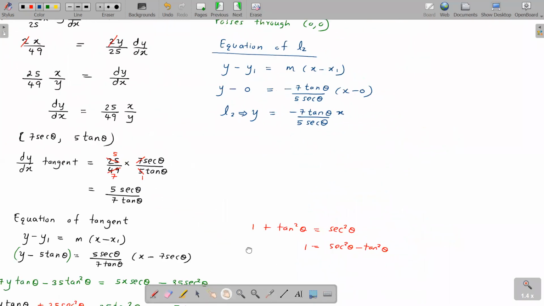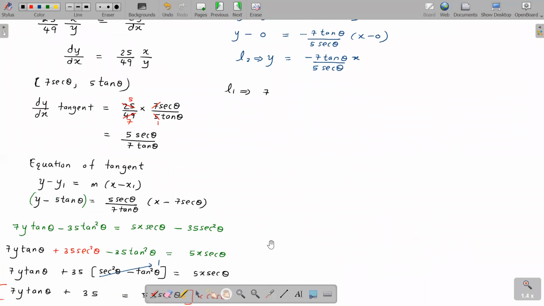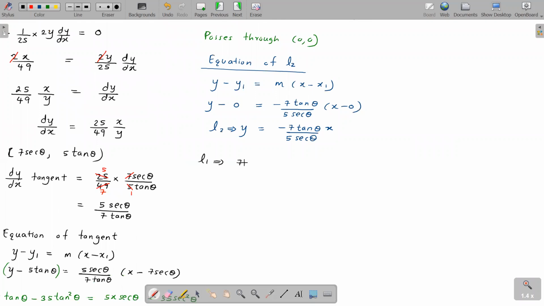So line 2 is there. Let's get line 1. What was the line 1 equation? The line 1 equation was 7y sine theta equals 5x minus. So what's the easiest? In the equation I found for line 2, I have already made y the subject.